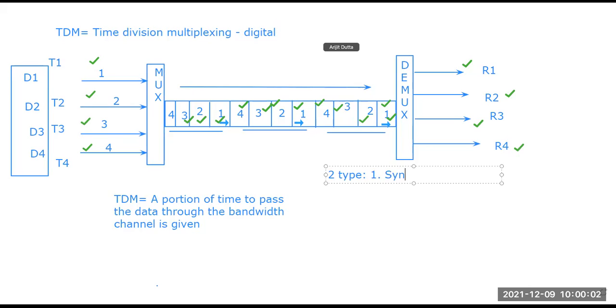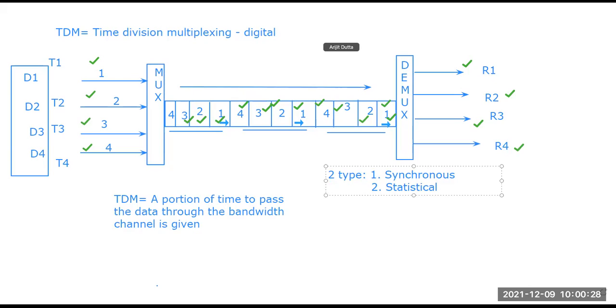Two types of scenario are there: one is synchronous and the second is statistical. We have discussed the concept of TDM, and now we are going to see the differences between synchronous and statistical TDM.